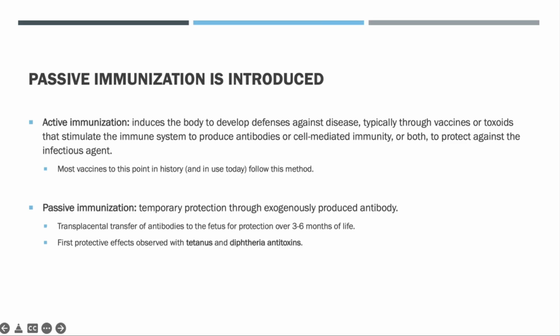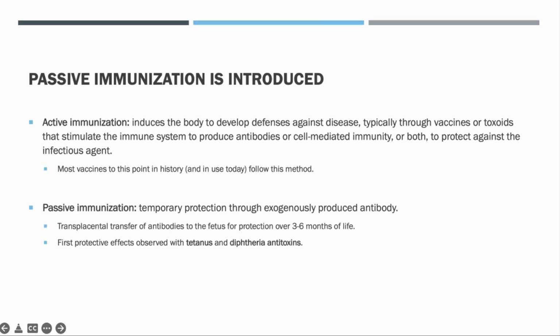I touched briefly on the idea of passive immunization, and I'm just returning to this idea, because we have active and passive immunization. Active immunization is more so what we associate with vaccination, wherein the body develops an immunologic memory to a weakened form of the pathogen.